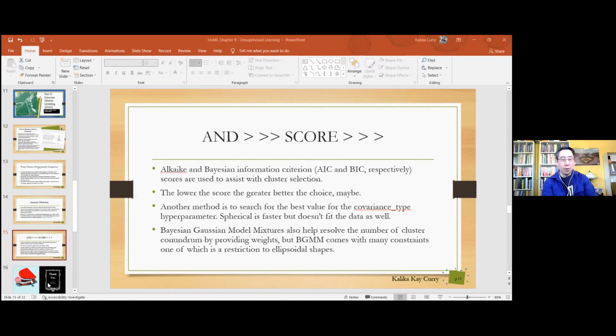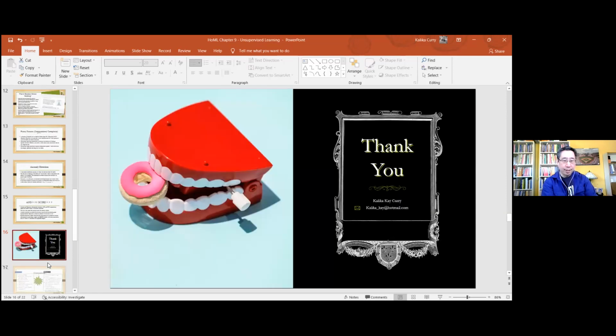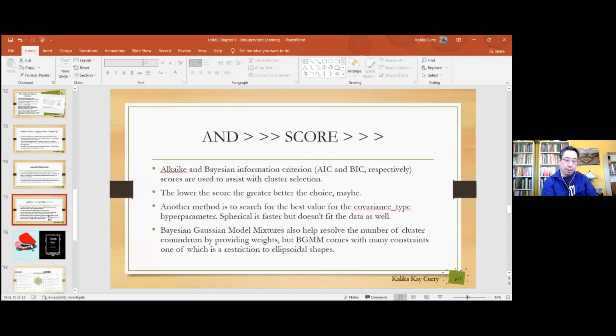Yes, and I've been doing a bunch of reading. The Bayesian mixture models use a technique called variational inference, VI. I've been trying to read about variational inference, and the math and statistics is a little bit hard for me to get through.